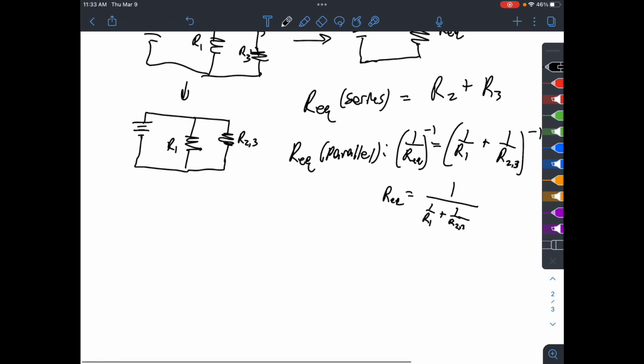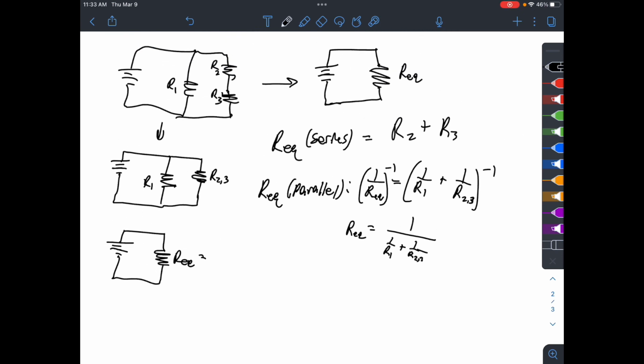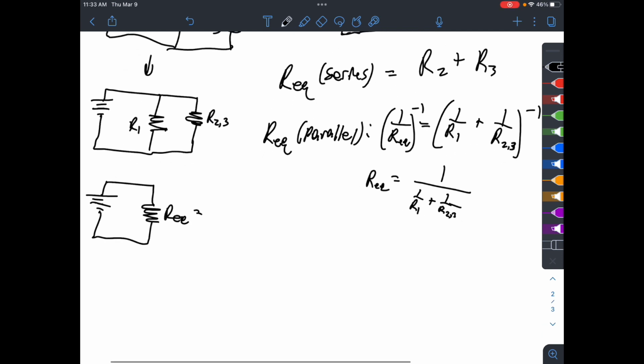So to get my total equivalent resistance, REQ here, I had to do 2 steps, right? The first step was combining R2 and R3, and then combining R1 with our R2,3. It's just 1 over R1 plus, I wrote it over here, but R2 plus R3 is really what we did there.